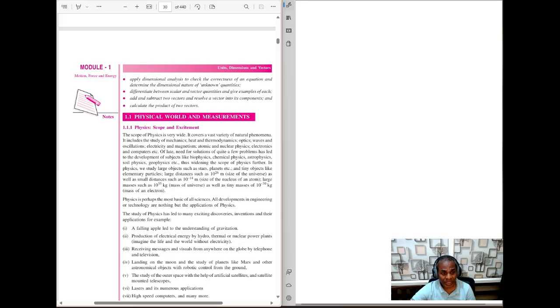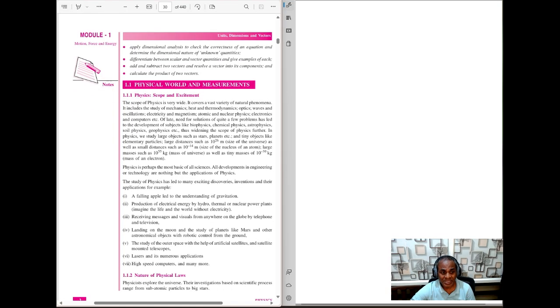Now, we also need to understand that in physics, we study very, very large objects such as stars, planets, galaxies, etc. And at the same time, we also study very, very tiny objects like electron, proton, and other microscopic particles.